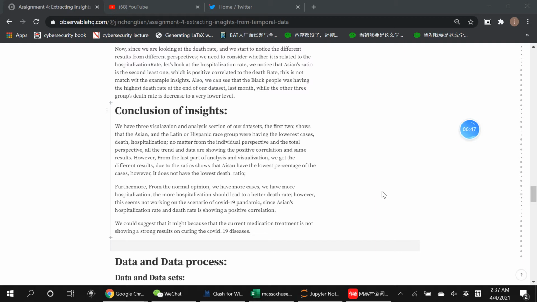However, in the COVID-19 scenario for Asian people, we see that the hospitalization rate and the death rate show a positive correlation, which means the current medical treatment is not showing a very strong curing result on COVID-19. That is pretty much all I have for my project. Thank you very much.